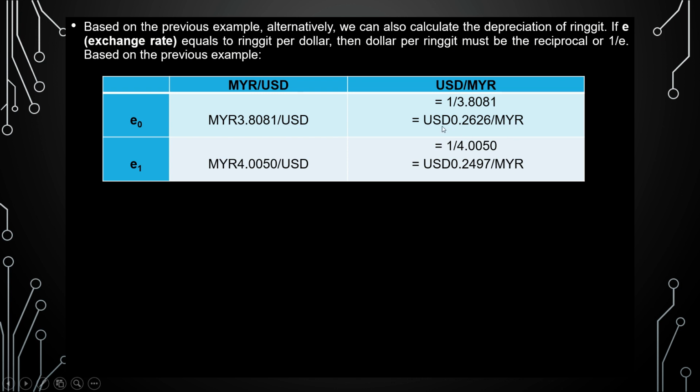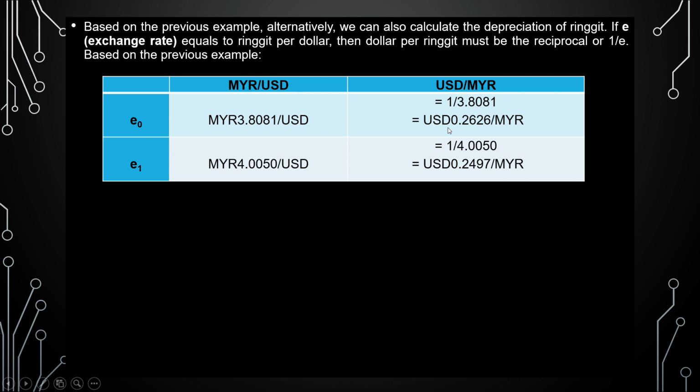And then the currency has changed from 3.8081 ringgit per 1 USD to 4.0050 ringgit per USD. So if you want to switch into USD per 1 unit of ringgit, kita akan ambil 1 bahagi 4.0050 ringgit, the answer will give us USD 0.2497 per 1 unit of ringgit.